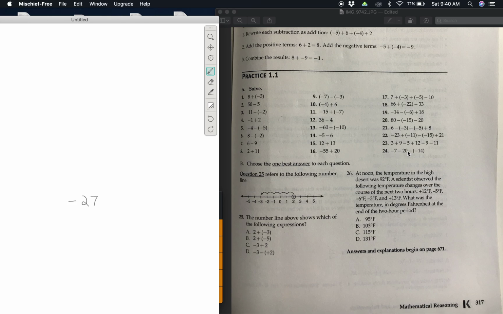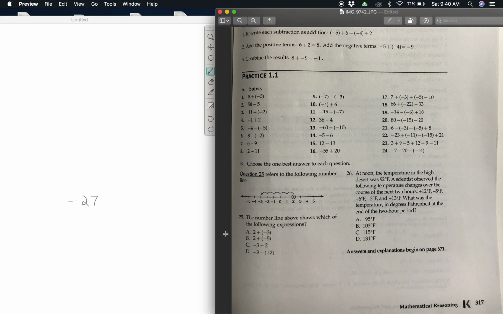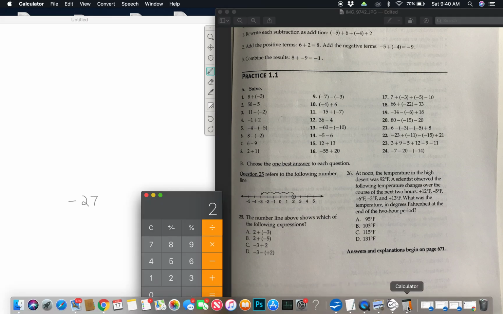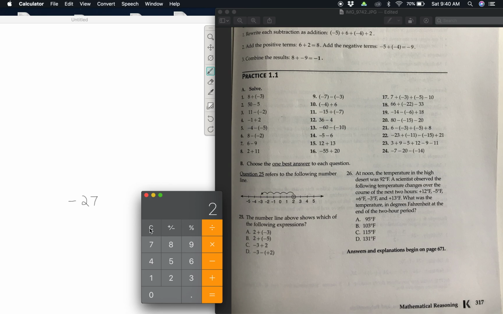Minus negative 14. Just keeps going deeper and deeper into the minus. So let's do this. Negative 27 minus negative 14 equals 13 below zero. So that's your answer, negative 13 for number 24.